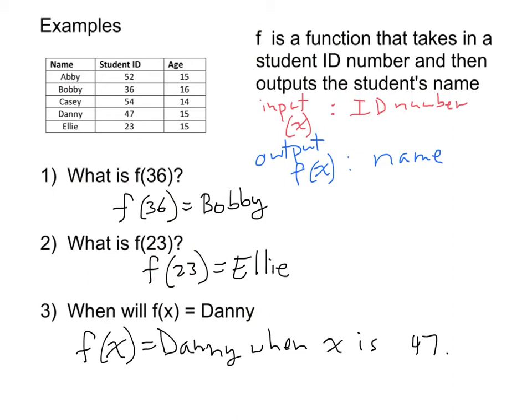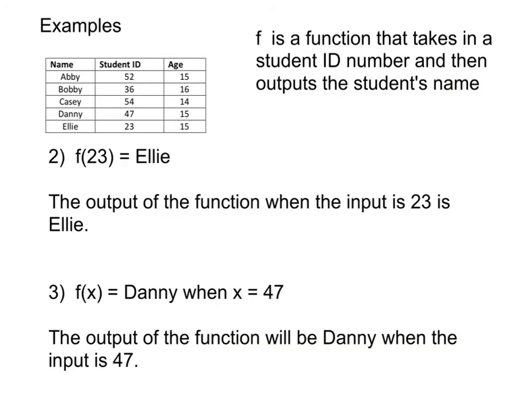All right, on this next slide, I'm going to have the typed-up version of what I just wrote here, because I think it's important that you have that exact language down. For f of 23 equals Ellie, what does that mean? I really want you to pause this and write this down exactly in your notes. This means the output of our function when we have an input of 23 is Ellie.